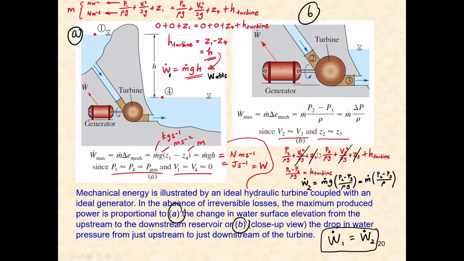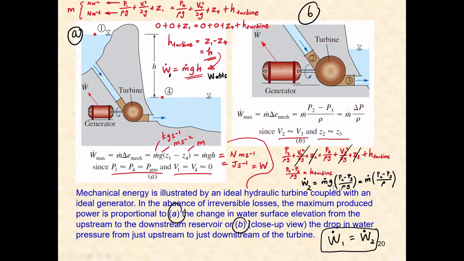Therefore Z2 can cancel out with Z3. And then of course we are left with the pressure, P2 minus P3 divided by rho g, equals H turbine. So you just multiply this whole thing with mass flow rate and gravity, and then you get something like this.